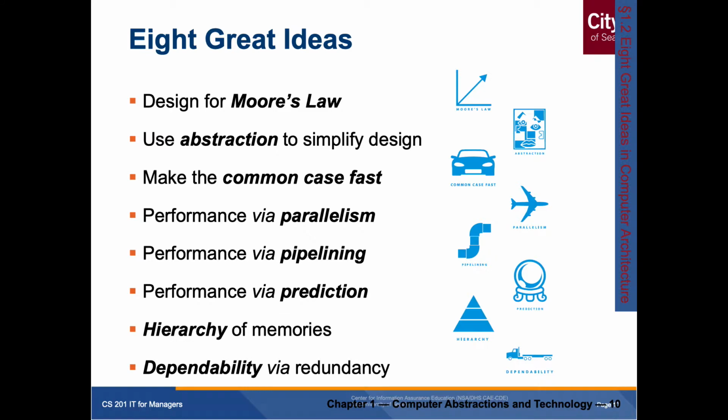Performance via parallelism, you do many things at the same time, right? Pipelining is you put, let's say, things in stages. Let's say you have product or data. Let's say your raw materials and your process, stage 1, stage 2, stage 3, and then you have the output, right? Prediction, example would be data analytics, right?